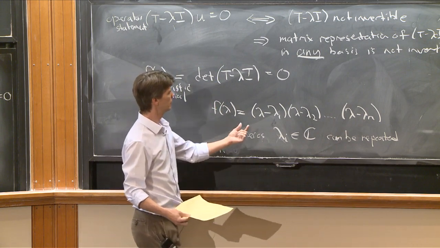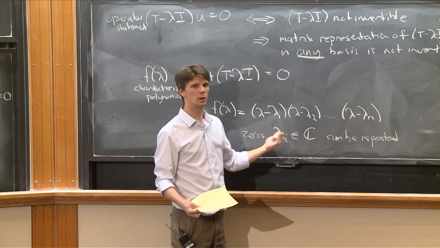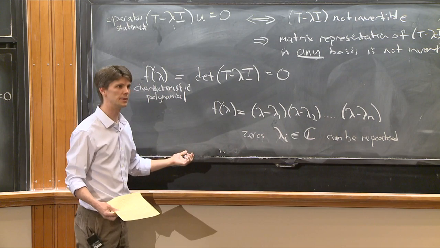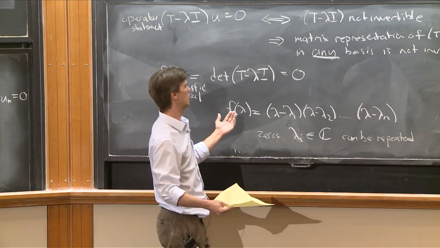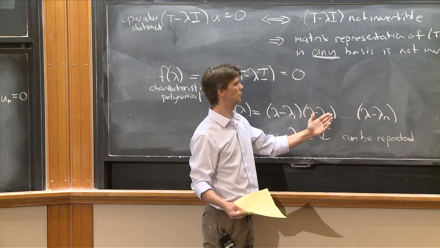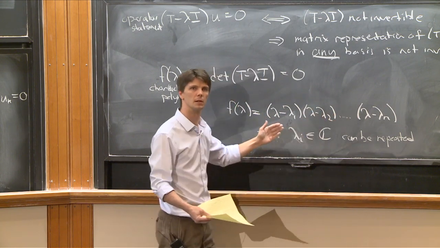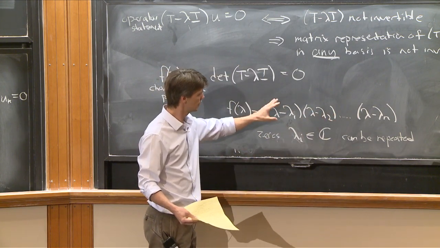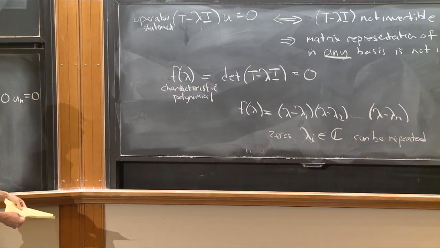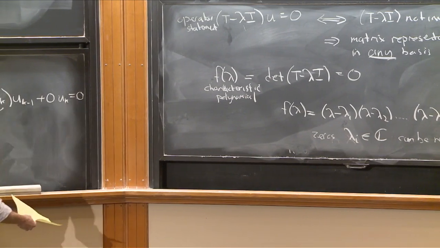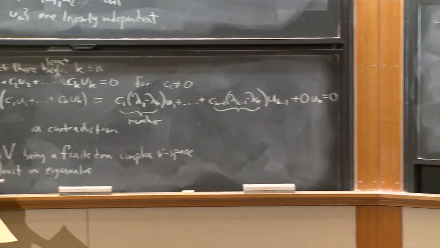So if we have, say, lambda 1 occurring twice in this sequence, then we say that's a degenerate eigenvalue, right? And in principle, you could have just a single eigenvalue that's n-fold degenerate, but there has to be at least one lambda i there. And so you could see why this is true, right?